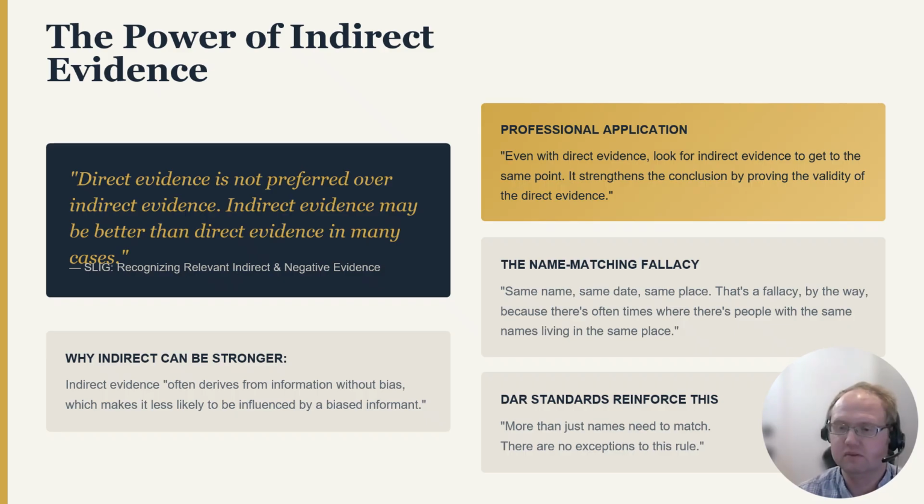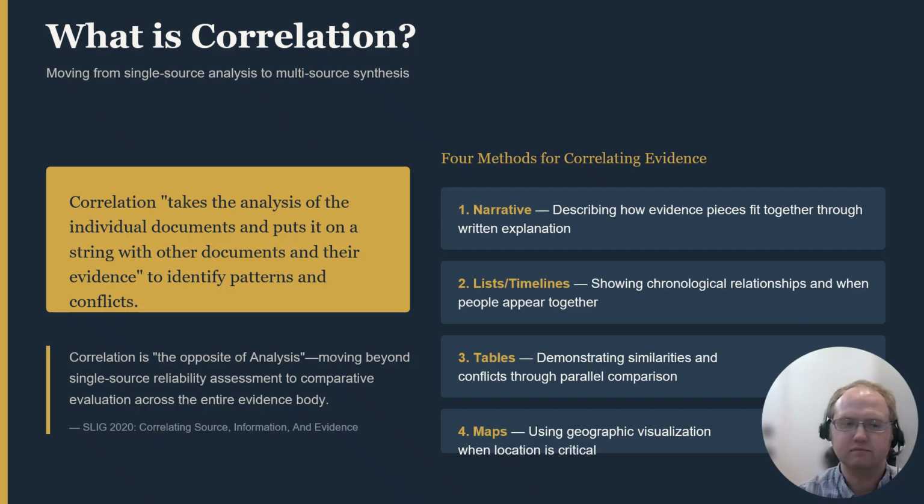It seems reasonable, so it must be true. You're assuming the databases and hinting systems are accurate. They're not. Seldom are they. Because there are often people who live in the same places with the same names, and it can easily trip you up if you're not careful.